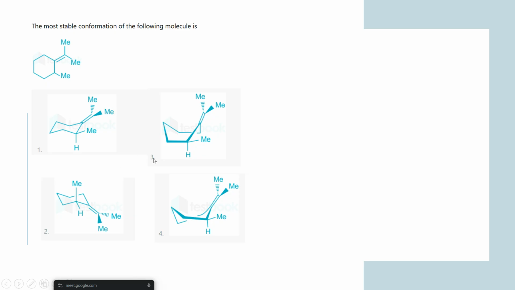In the third option, the structure overall is not in the most stable chair conformation; rather, it is in a boat shape. In option 4, again the structure is not in the chair conformation, which is the most stable conformation of cyclohexane; rather, it is in a twist boat fashion.